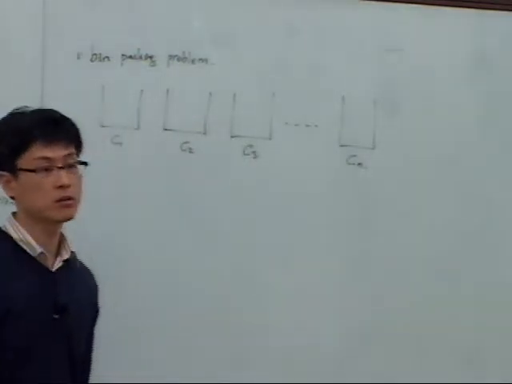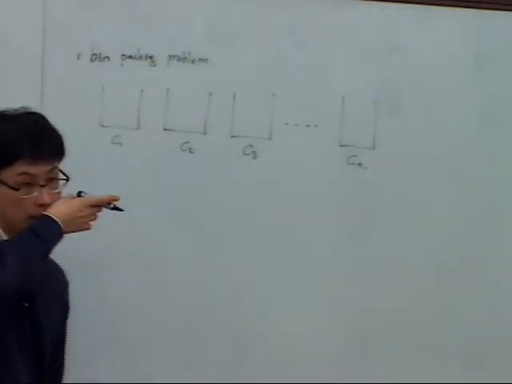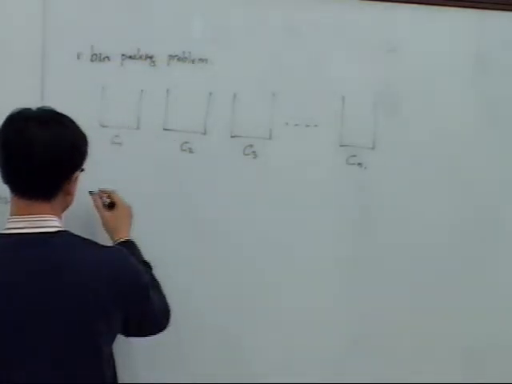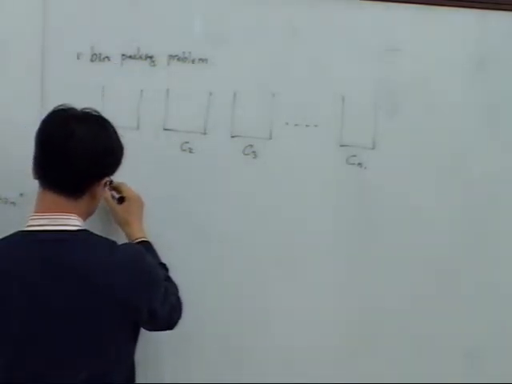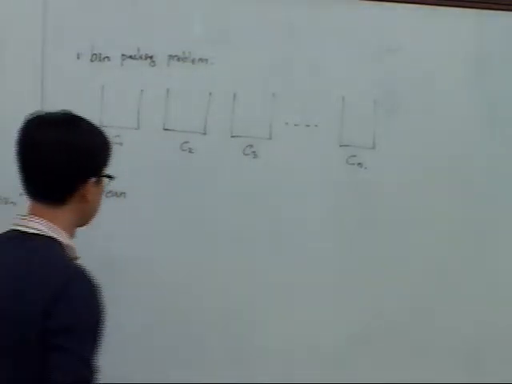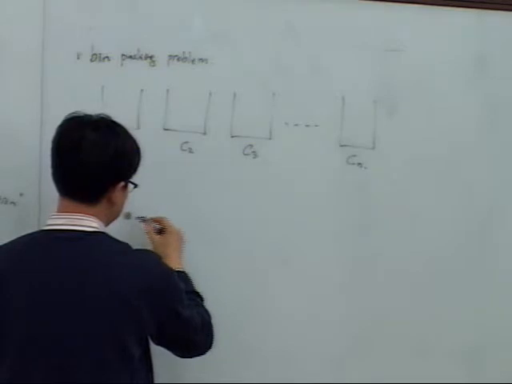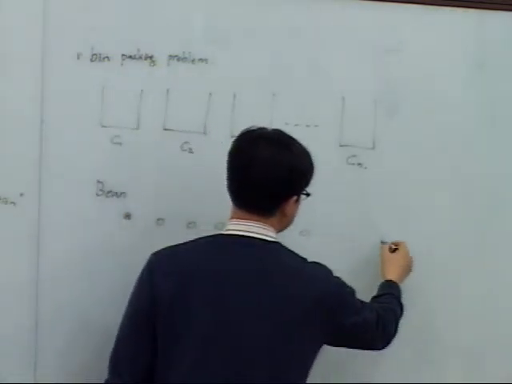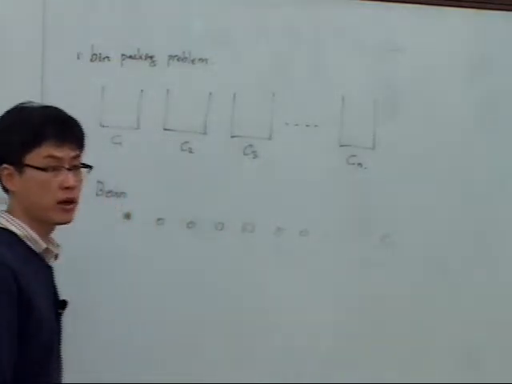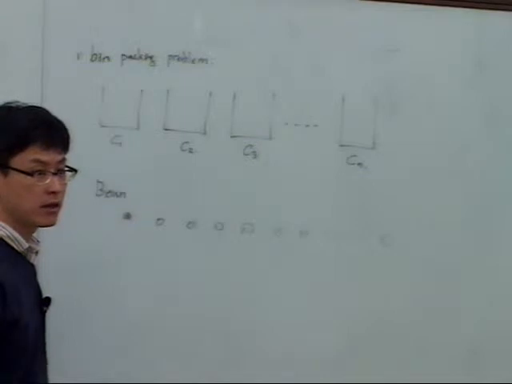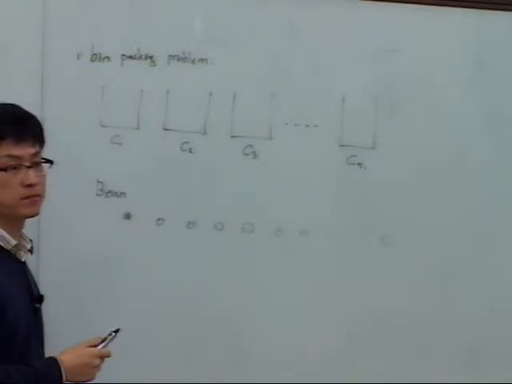So we have n number of containers, and let's say we have beans, not this bean. We have many beans, and each bean has its own identifier.